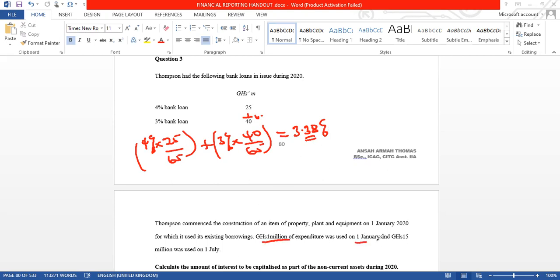After obtaining this, it now serves as my specific rate, and I need to come and apply it on the 1 million for this period and the 50 million for this. So what is going to happen is that I pick my 3.38% and I'll multiply it by 1 million, which went through from January to December. So I will leave it like that. Then the other angle, the same 3.38% multiplied by 15 million.